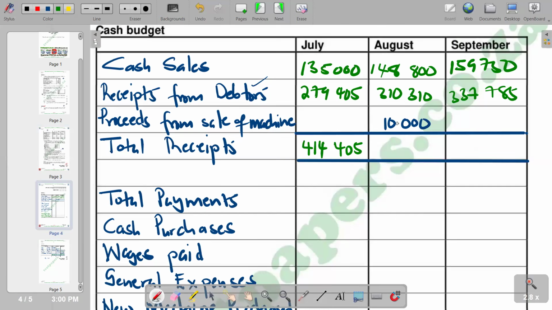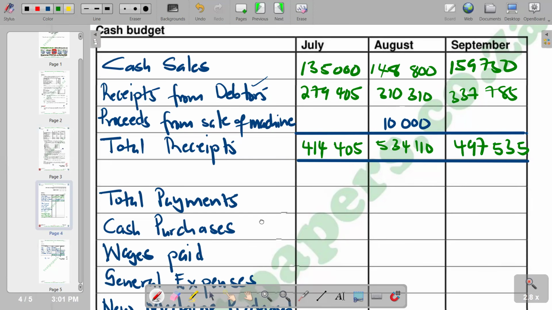And then you also say 148,800 plus 310,310 plus 10,000, you get your answer is 534,110. Then in the last column also, if you add, you are going to get a total of 497,535.